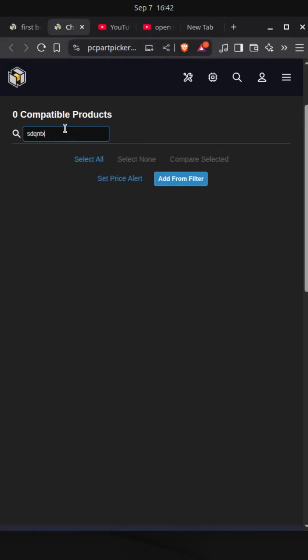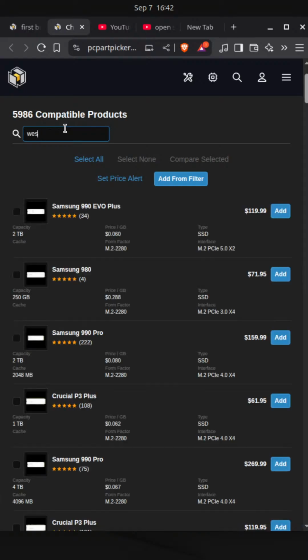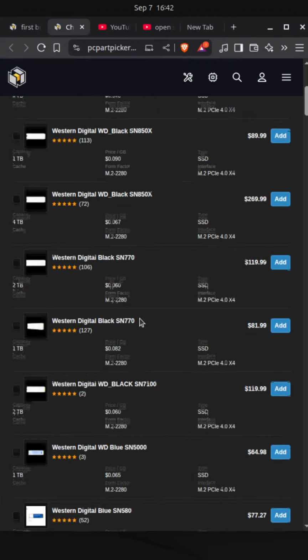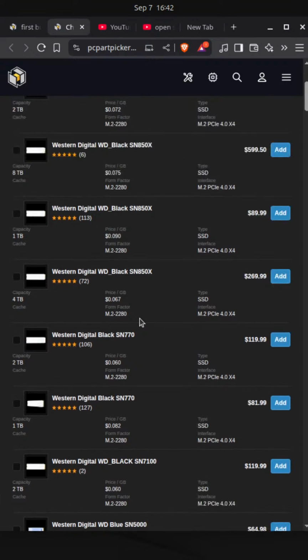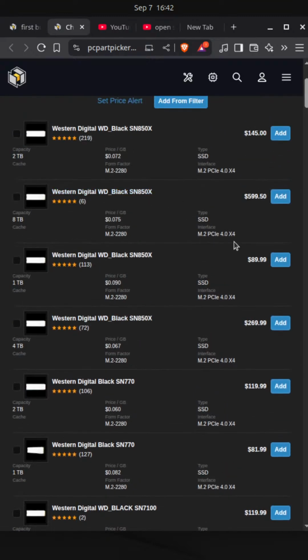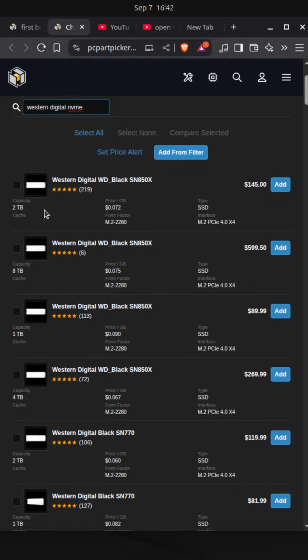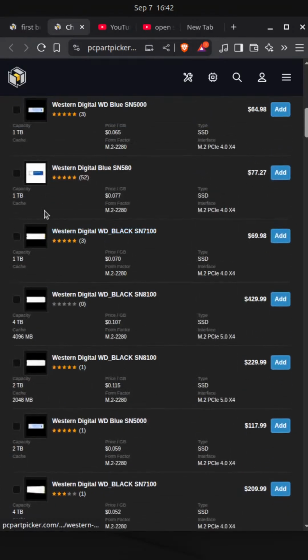SDQNX, not popping up. Western Digital NVMe. All these are SN. M2 form factor, PCIe 4x4. Huh.